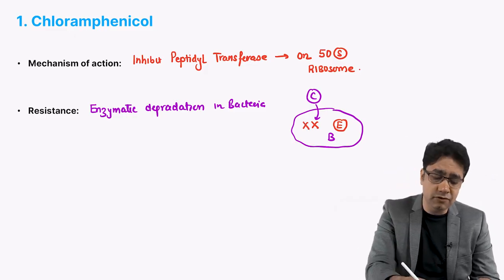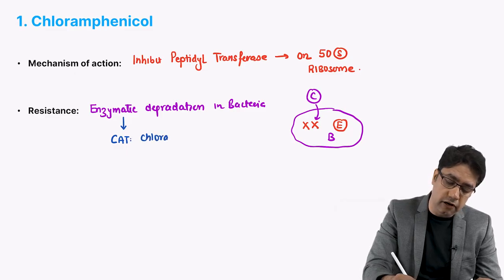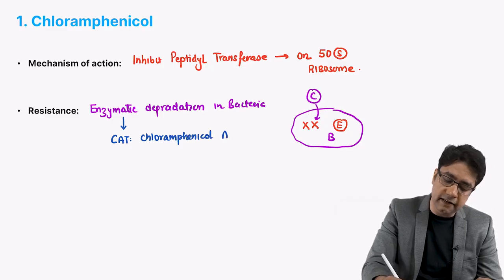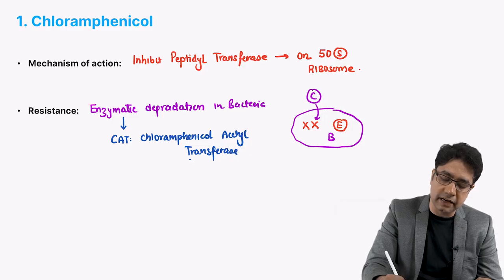And one enzyme you should remember, the name of the enzyme is CAT enzyme. CAT stands for chloramphenicol acetyl transferase enzyme. So this leads to resistance among bacteria.